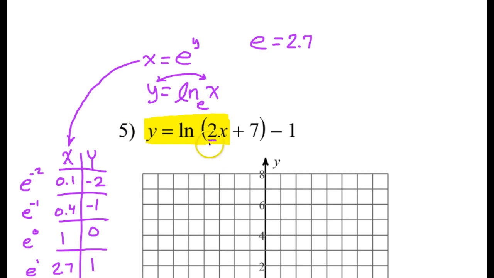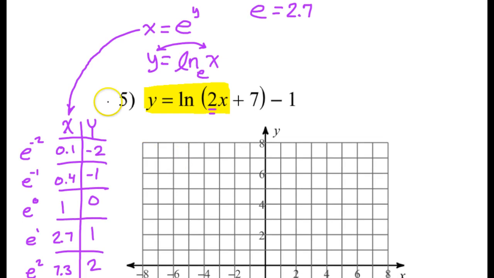But I want to go ahead and deal with this horizontal compression. And by the way, when you're doing the horizontal stuff inside the function, it's always the opposite of the way it looks. So numbers that are bigger than 1, like 2 and 3, look like they would be stretches, but they will actually be compressions, like 1/2 and 1/3.